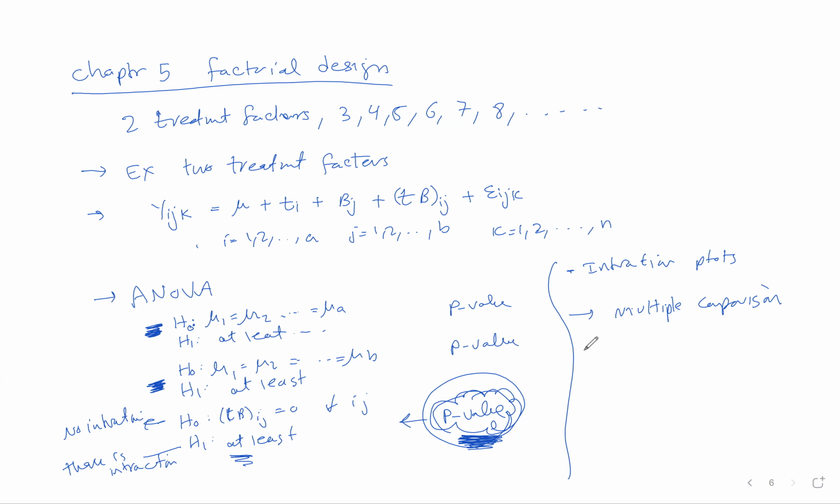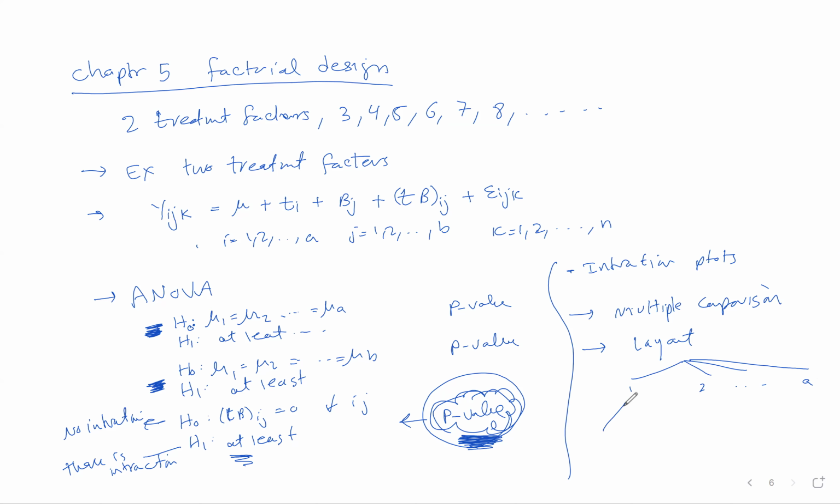So what about the layout? There are many ways to write down the layout. If we have two treatment factors, you can write the levels for the first treatment factor like 1, 2, up to A, because we assume the first one has A levels and the second one has B levels.